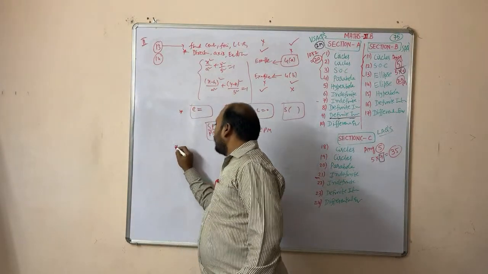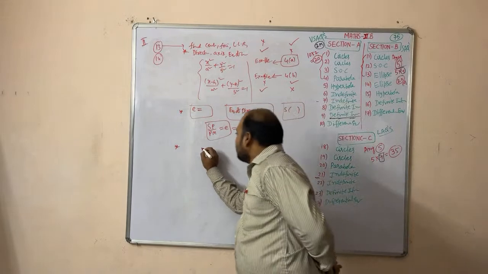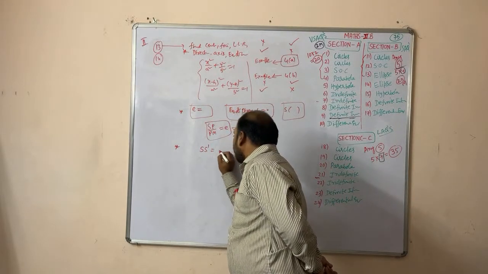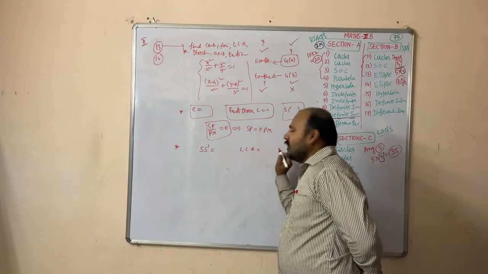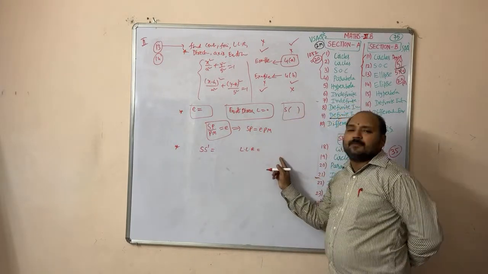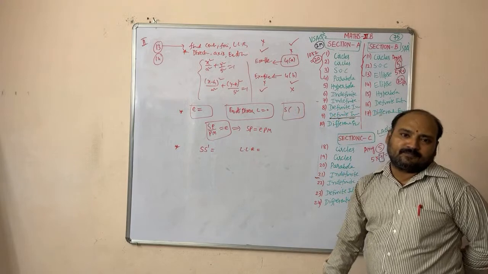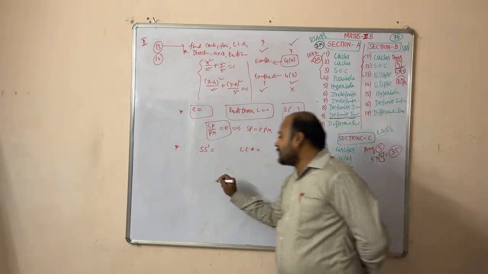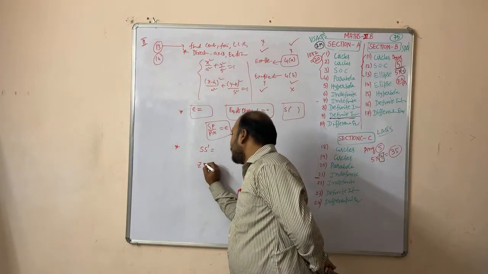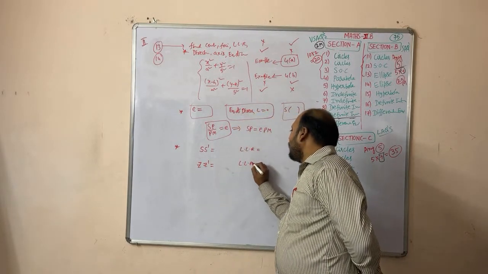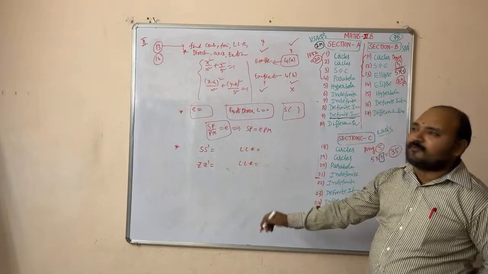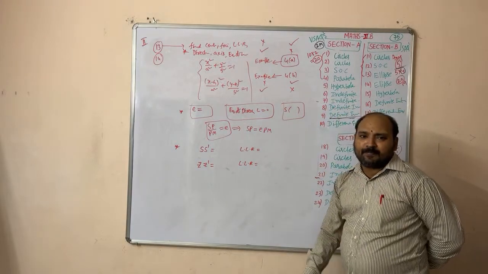Second one, third one: the distance between foci is given as something and the length of latus rectum is equal to something. Then find the equation of the ellipse in standard form. Next, another possibility: the distance between directrices is given, and LLR is equal to something. Then find the equation of the ellipse in standard form.